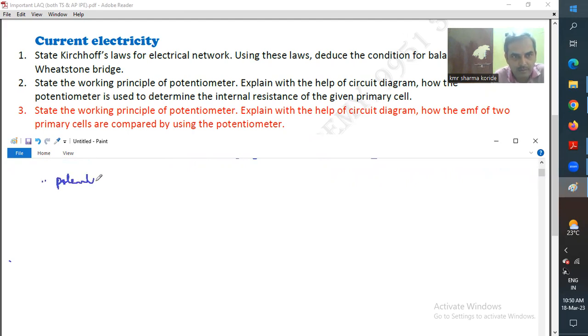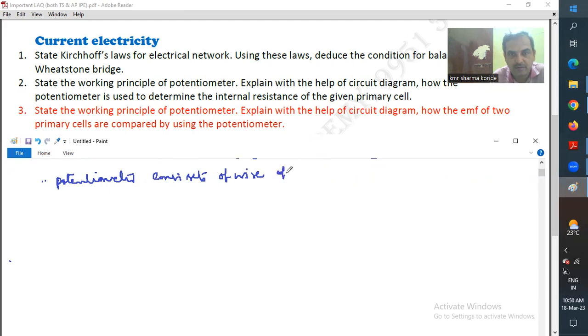Potentiometer consists of a wire. This is one of the standard resistance wires like constantan or manganese, if possible nichrome also.